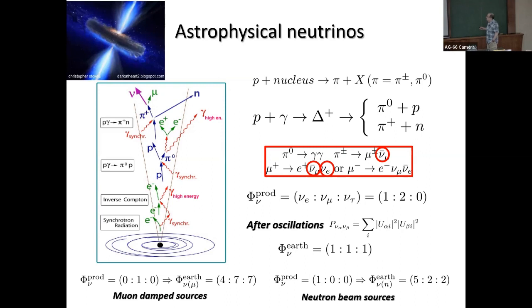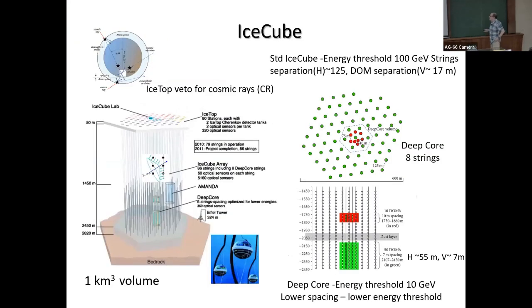That can be 1, 0, 0, or 0, 1, 0, or 0, 0, 1, depending on the physics you are considering in the source. So an important measurement is to identify the different flavor fluxes and make this comparison, in order to disentangle the way they are being produced in the source. So this is IceCube. It's a water Cherenkov detector.